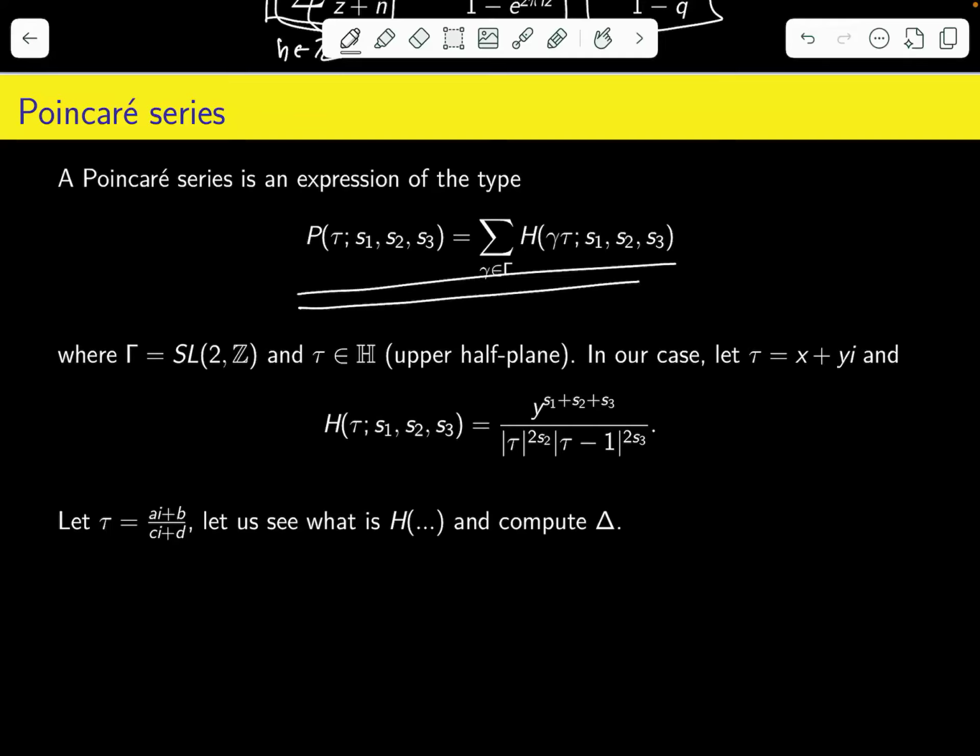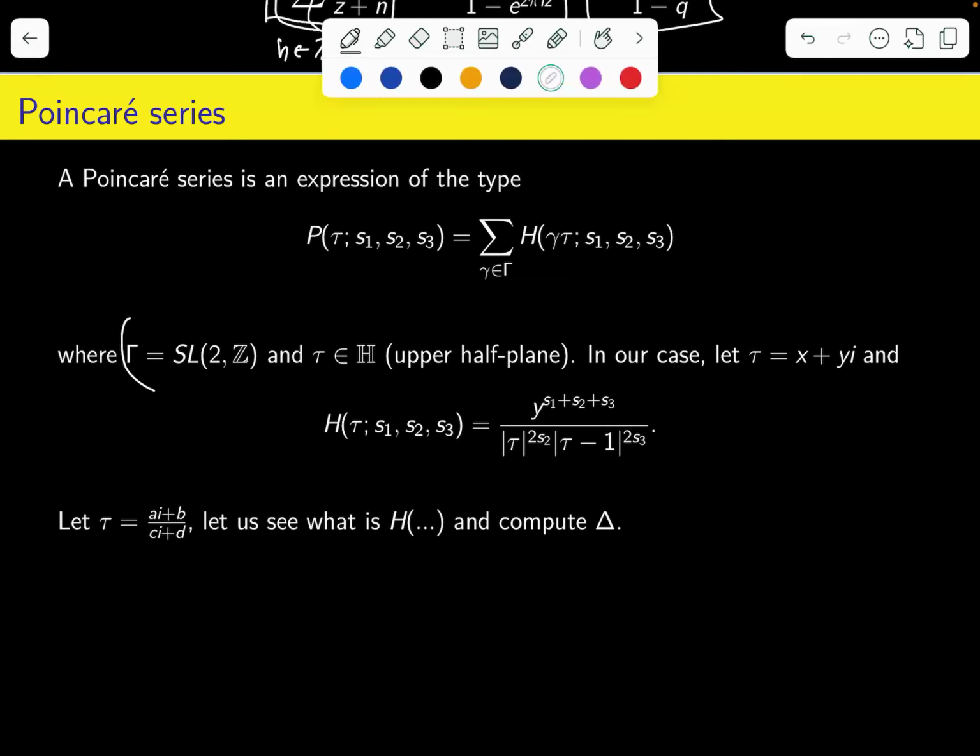Well, so here, what is the Poincare series? Again, you have a group gamma, SL2(Z), or it may be some subgroup of SL2(Z), and you have a tau from the upper half plane, and then you just apply gamma to tau, and you take a sum for a certain function h.